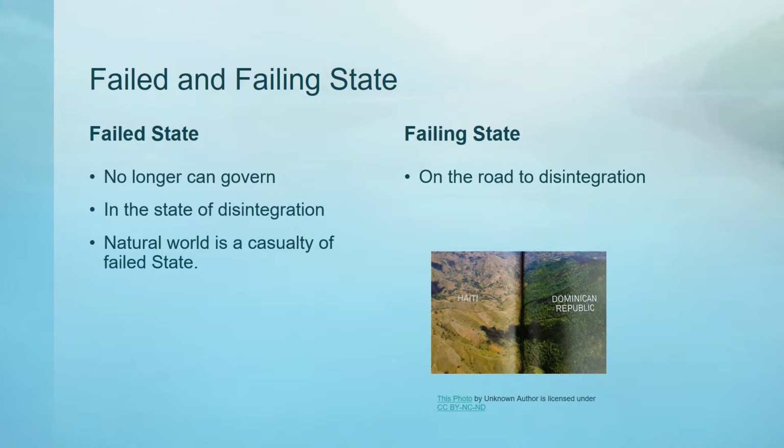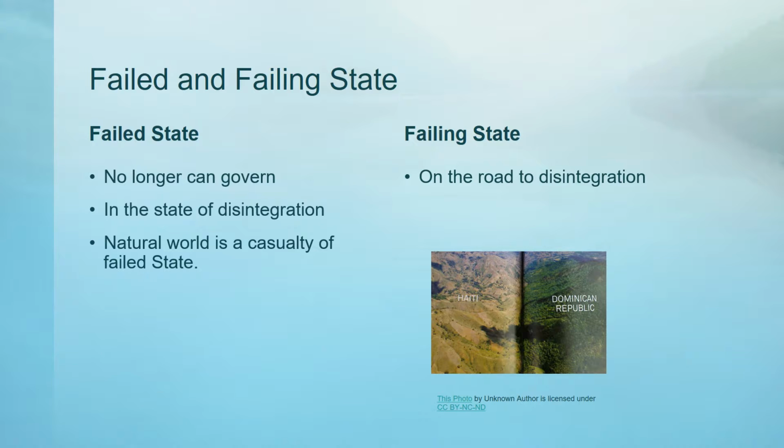You can see Haiti. That's a classic aerial photograph of the border between the Dominican Republic and Haiti. The Dominican Republic still has all its forests, but in Haiti, which is a failed state, people need to burn stuff because they've got to survive. They're not going to think about green or the commons or future generations.